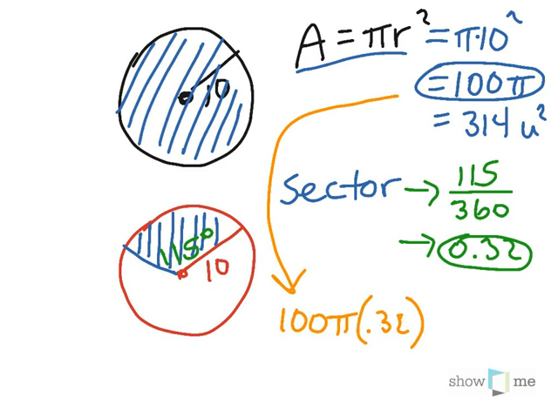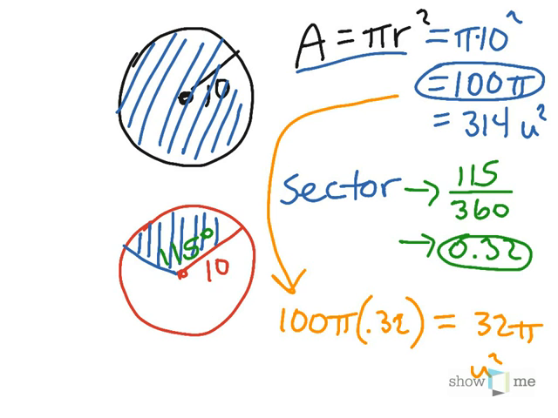I'm just multiplying it by the size of that sector, the percentage that it represents, or the ratio, or the decimal, fraction, however you want to think of it. It all means the same thing. I only have a little less than a third of that circle. So if I multiply the entire area by that little piece, I'm going to get about 32 pi units squared. And that's how you go from entire area to area of a sector.